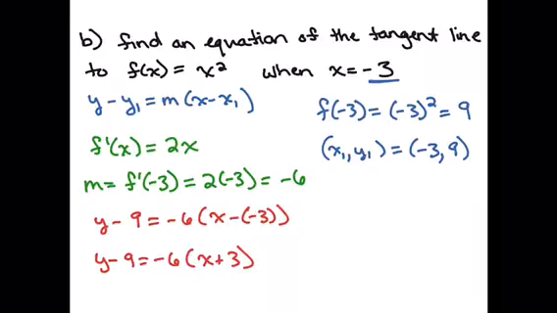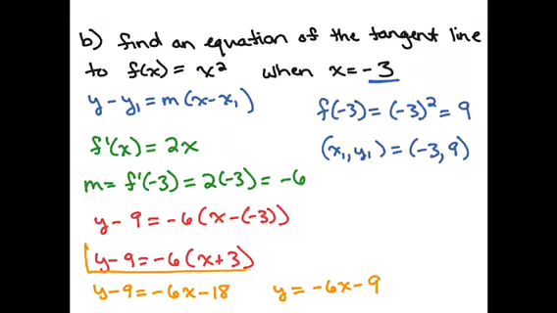If I was asked to go a step further and put it in slope-intercept form, I would distribute the negative 6, and add 9 to both sides, and I would get y equals negative 6x minus 9. So both of these are equations of the line, and it just depends which way you are asked to give your answer, which one you choose to do.